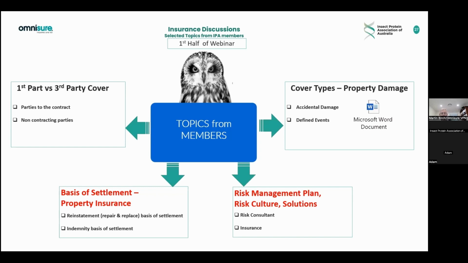Underwriters will look at it and think this operation is a good risk, so the interest rate will be lower and your insurance premium rates will be lower. I might be interested in discussing with, say, one member of the association, if they're interested in taking this forward and perhaps working with someone to start working through a risk management plan and ultimately an enterprise risk policy.